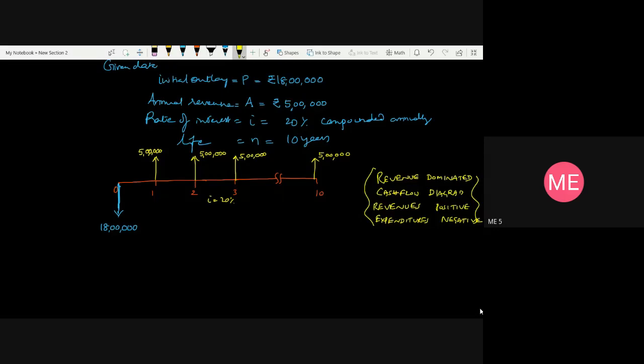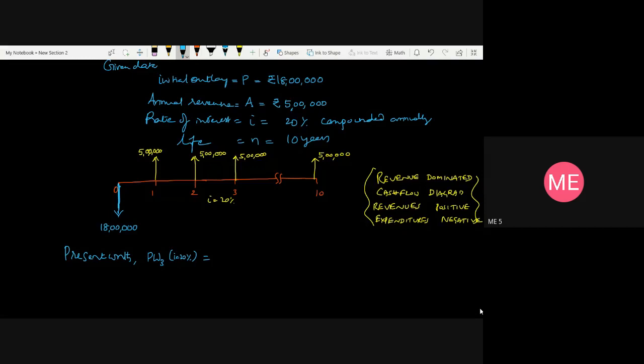So based on this, I am writing the formula for the present worth amount. Why am I calculating the present worth for all the alternatives? Because the question asks to choose using the present worth method of comparison. So I am calculating the present worth of each alternative, comparing them, and choosing the best alternative, the one having the maximum present worth among these three alternatives. Now I'm going to calculate the present worth for alternative 3. So PW3 for I equal to 20%.